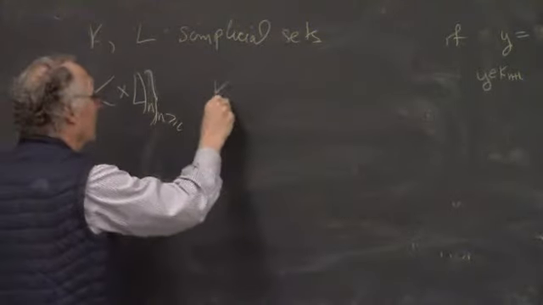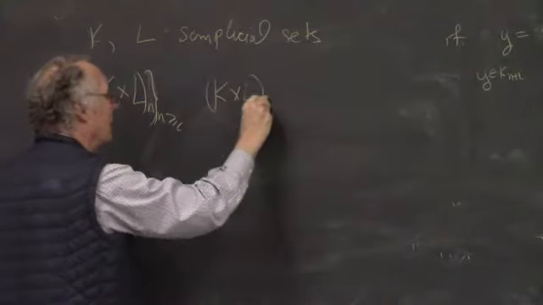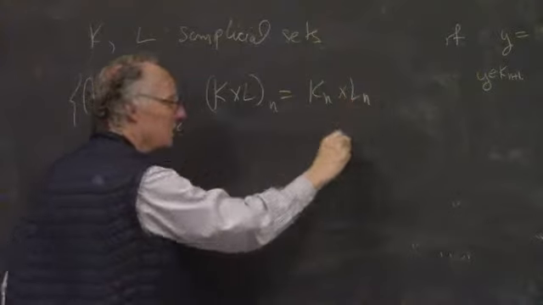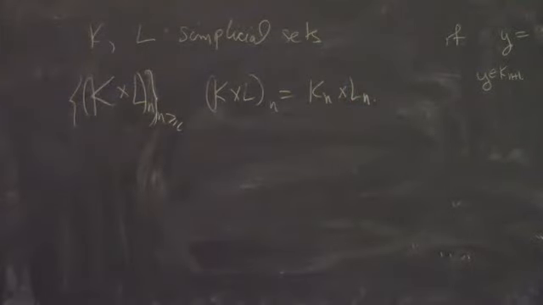Well, (K cross L)_n is simply K_n cross L_n, which seems completely weird.